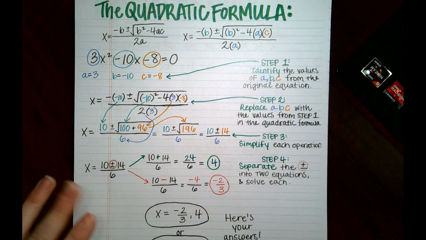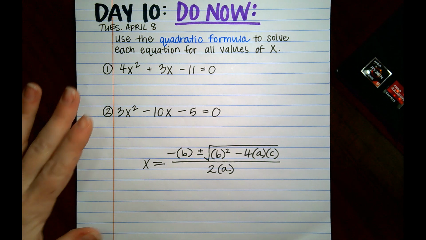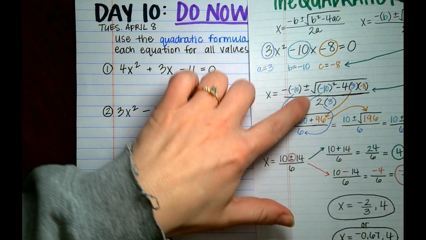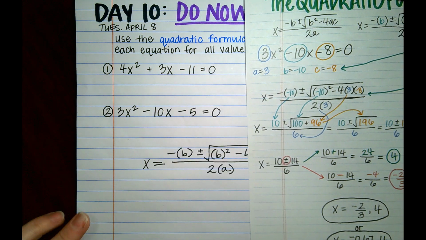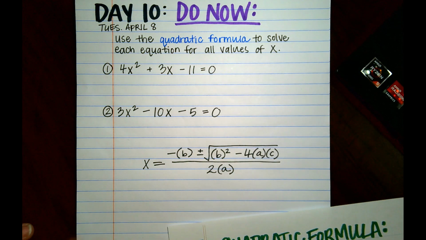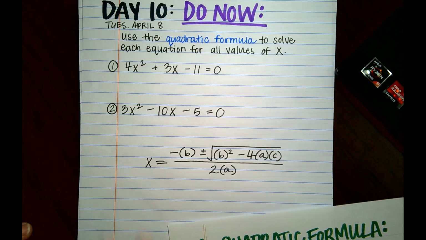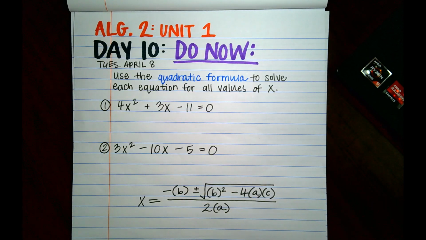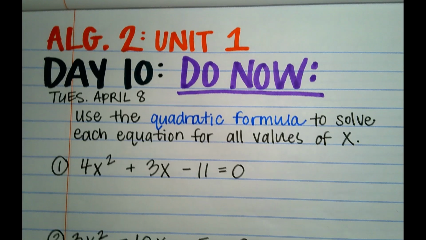Okay, now we are going to look through this little sheet as we solve these, just so I can demonstrate how we would use this paper, and we're just going to go from there. So we'll start with number 1.